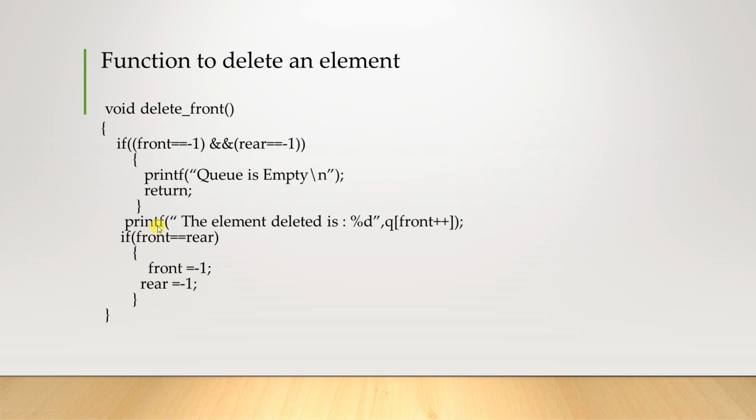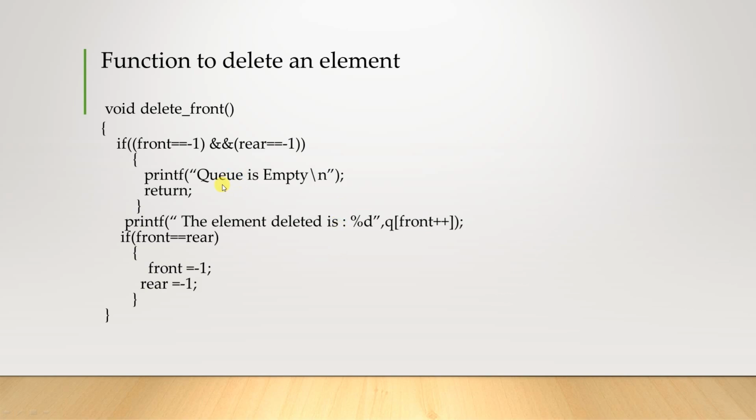So printf, the element deleted is, and here I have inserted integer type data, so I took %d. Here I am accessing the frontmost element, and after accessing it, it is going to return that element, and then I should increment the front pointer by 1. After that, I should verify whether the queue is empty or not.